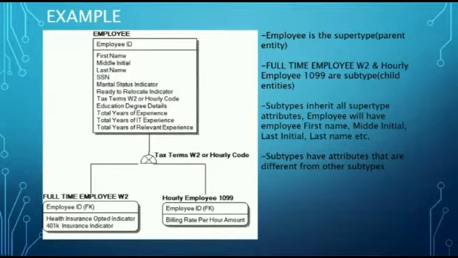The subtypes inherit all supertype attributes, like employee first name, middle initial, last name, etc. And subtypes have attributes that are different from other subtypes. Full-time employee has the attribute health insurance update indicator, meanwhile, the hourly employee has the attribute billing rate per hour amount.